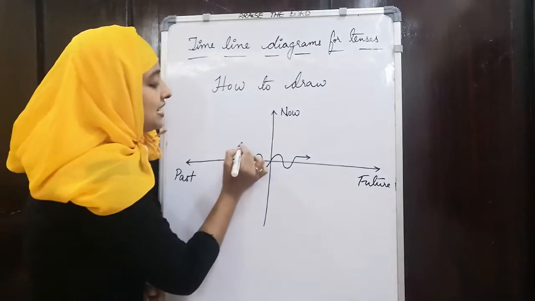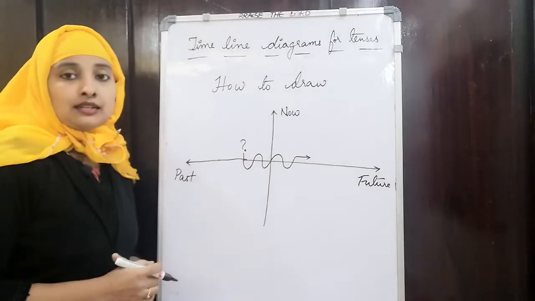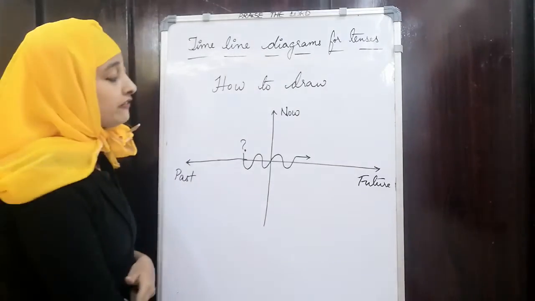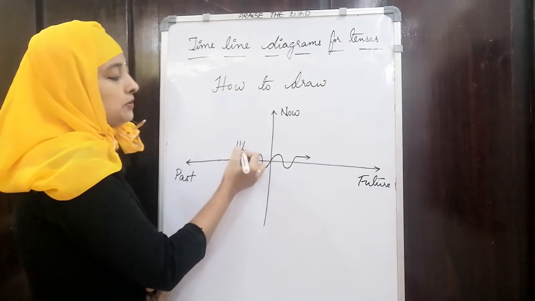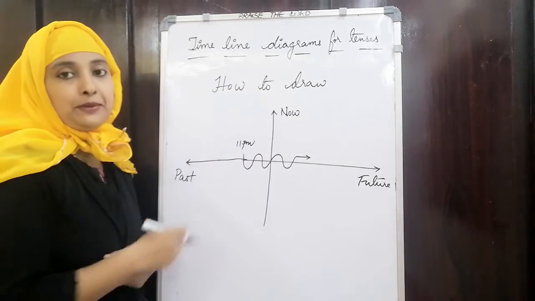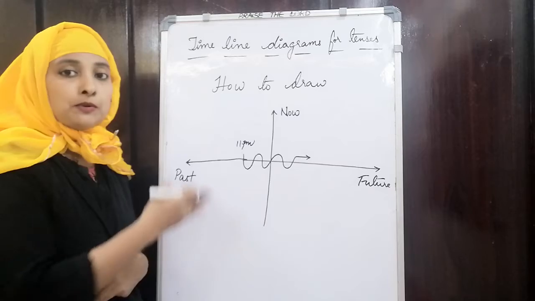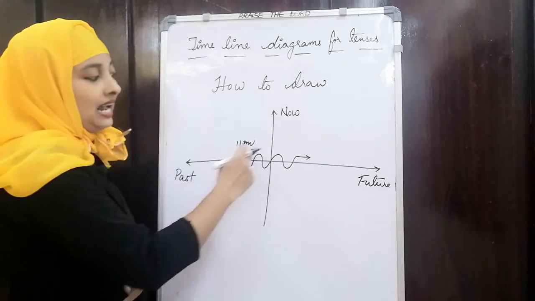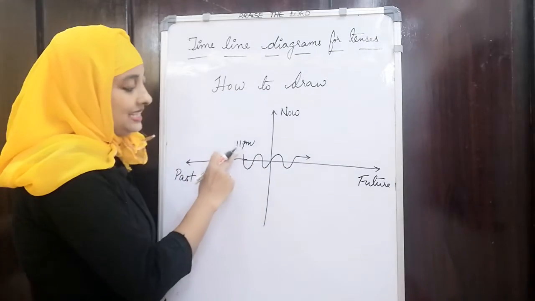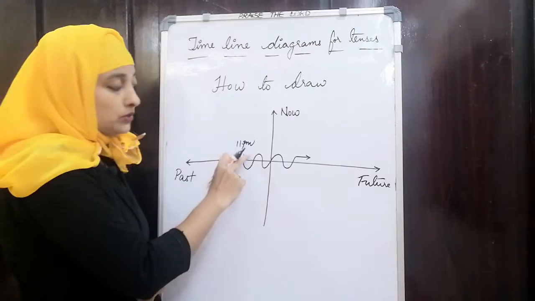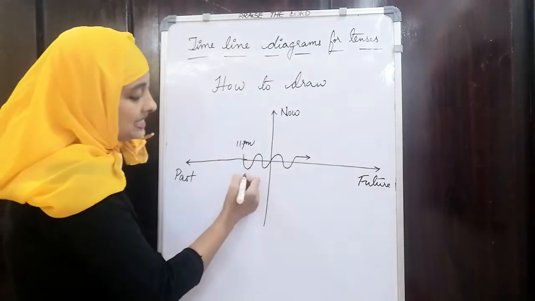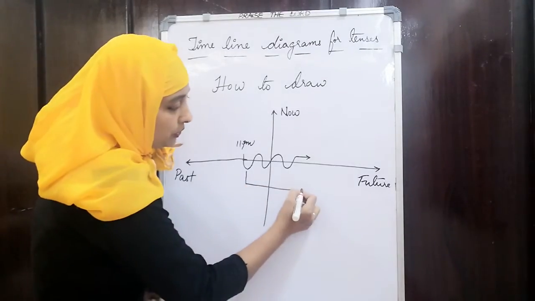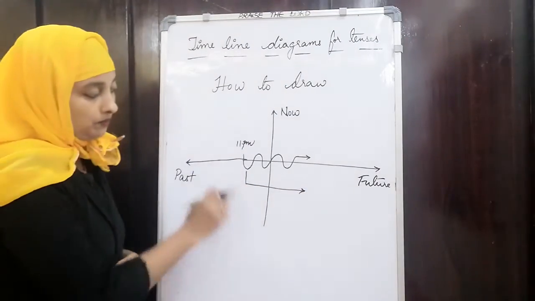Now if we don't know when it started, we'll put a question mark. Otherwise, if we know the time, suppose it started at 11 p.m. and now it is going on, that indicates the exact time. So this is an action which is in progression. The other way of representation, as I have told you, you can represent it like this also.